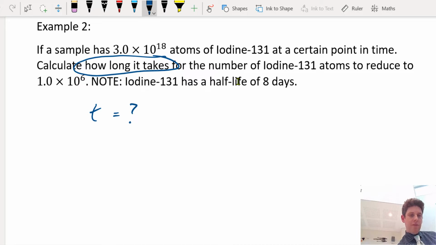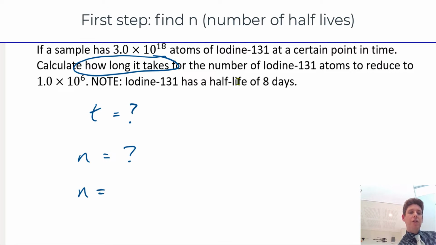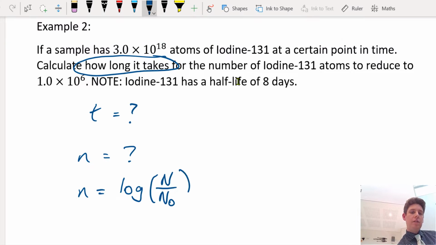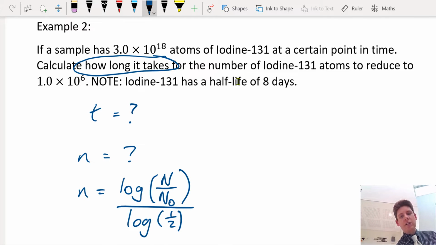But first we need to find n, little n. So we need to use that equation I just gave you. What's the equation I just gave you? Log base 10. Very good. So we sub it in. What's the thing that it eventually gets to?